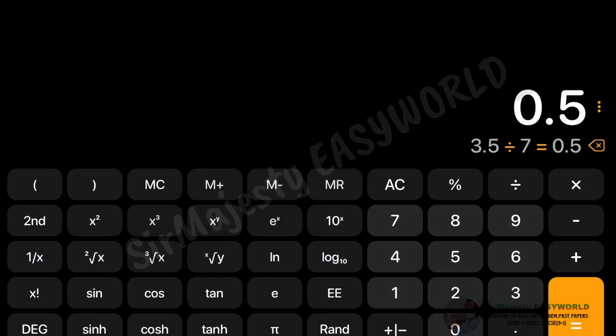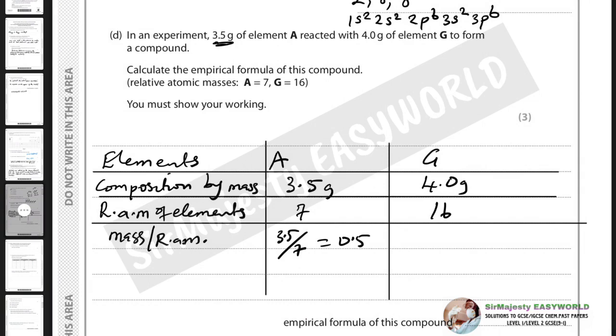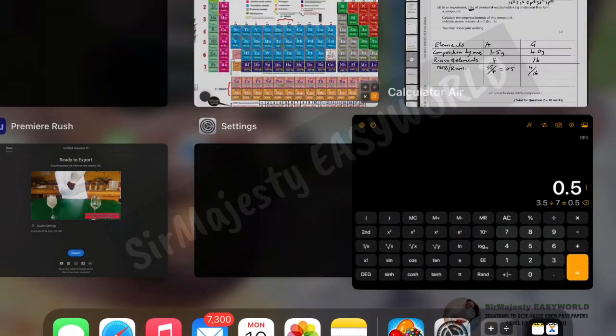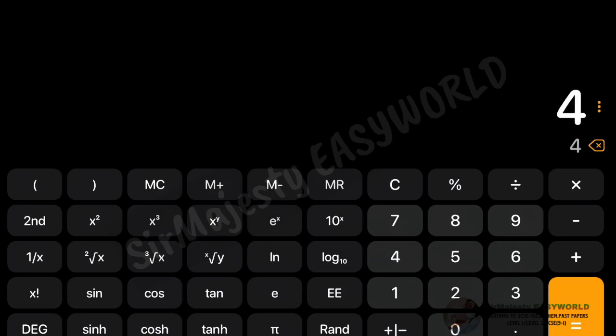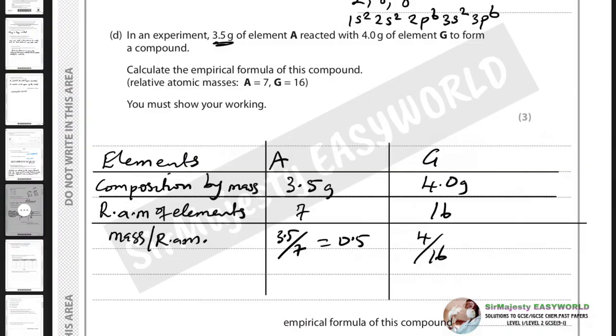So that's half. Then the next is 4 divided by 16, which is 1 over 4, which is 0.25. So this will give us 0.25.